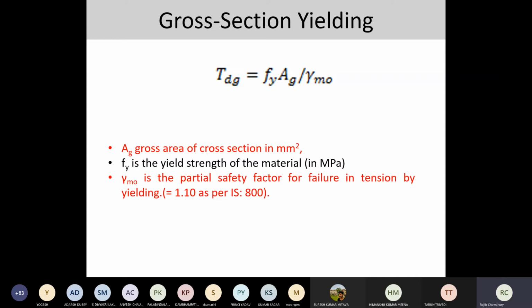I think Anirudh posed the same question, that why we are only bothering about the yield limit, the gross section yielding. Here the explanation would come. Generally, a tension member without a bolt hole can resist the load up to the ultimate load without any failure.